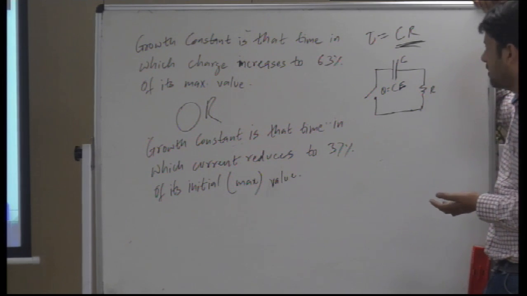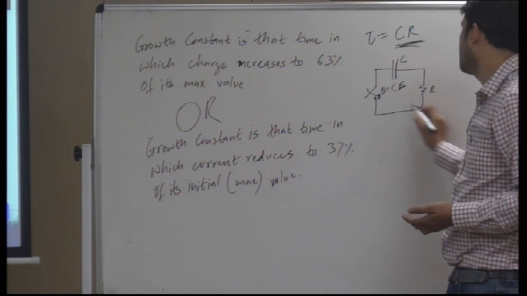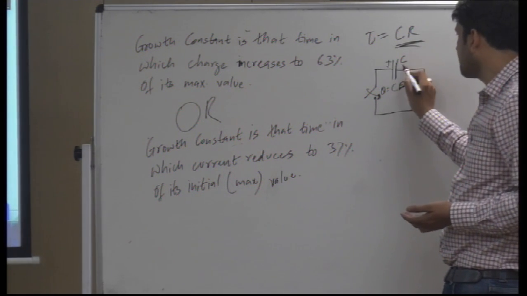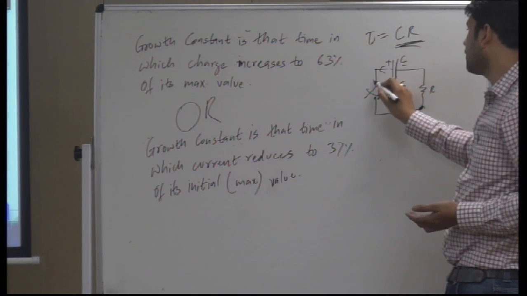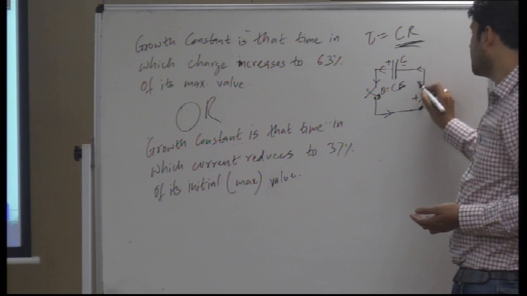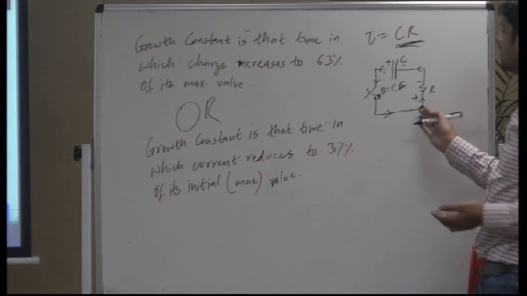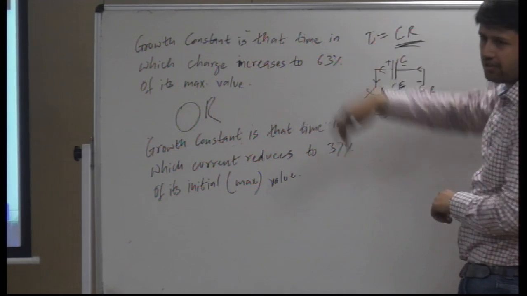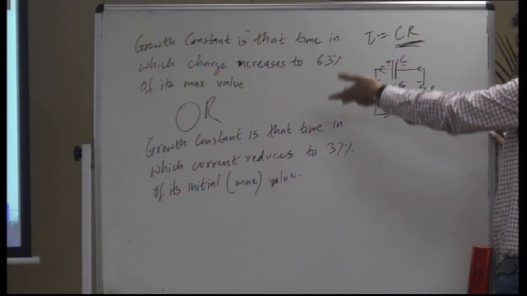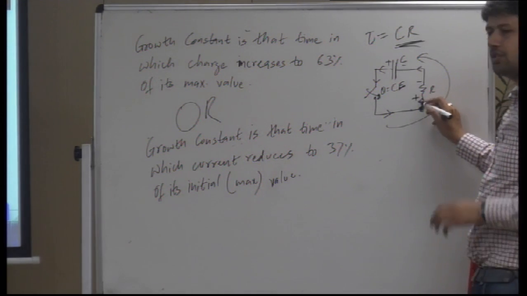Now when the connection is made, what happens? If I take KVL, the current flows from the positive terminal to the negative terminal in this direction. Let's say you start from this point and move anti-clockwise, upward.